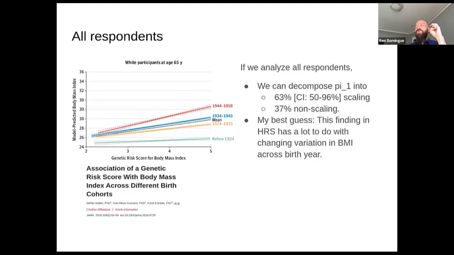Yeah, that's a fair point. At the end of the day, what I would say, especially for males, is that we should be satisfied at this point with a mental model wherein there's been an explosion in the variation of BMI as a function of environment that has nothing to do with the genes. The increasing penetrance of the genes is just along for the ride because there's more variation to explain.